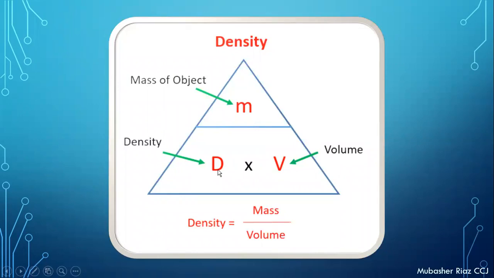Density is equal to mass over volume, and mass would be equal to density multiplied by volume. So if we want to measure the mass of an object, it would be equal to density multiplied by volume, and volume is equal to mass over density.